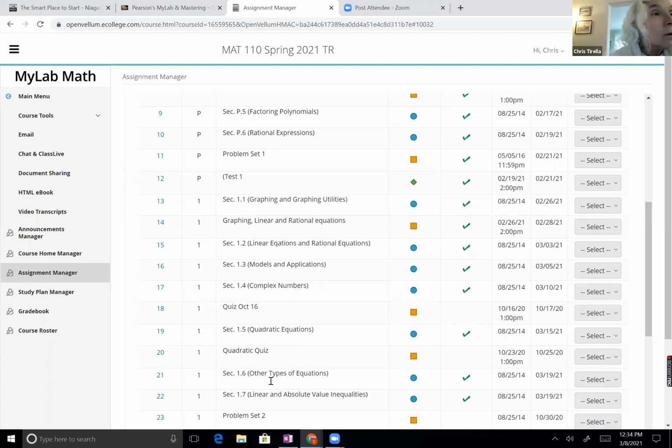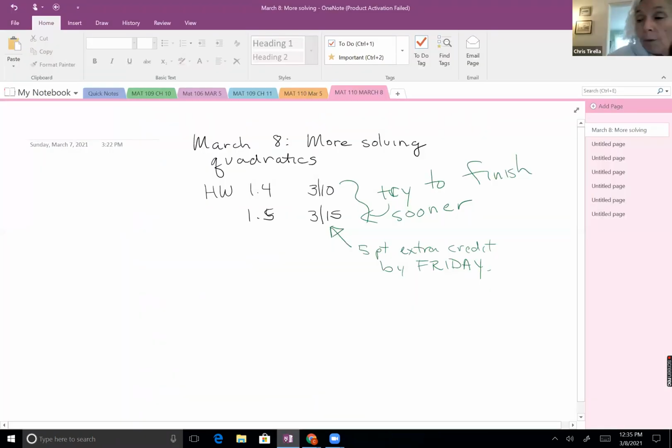Or does anybody still have any questions on the preceding assignment, the applications, the word problems? If not, before we pick up from where we left off, let's look at a couple of examples.